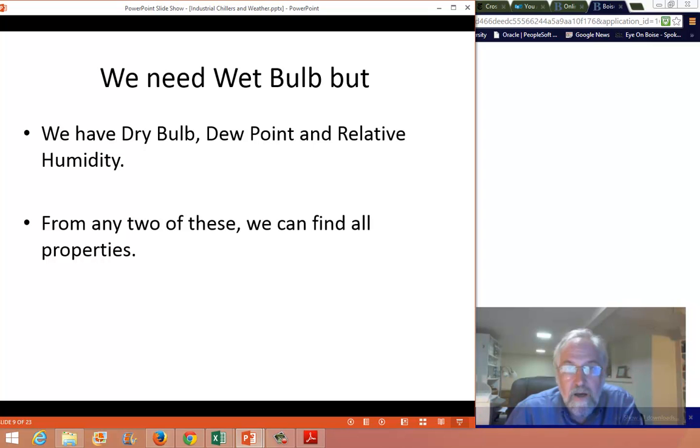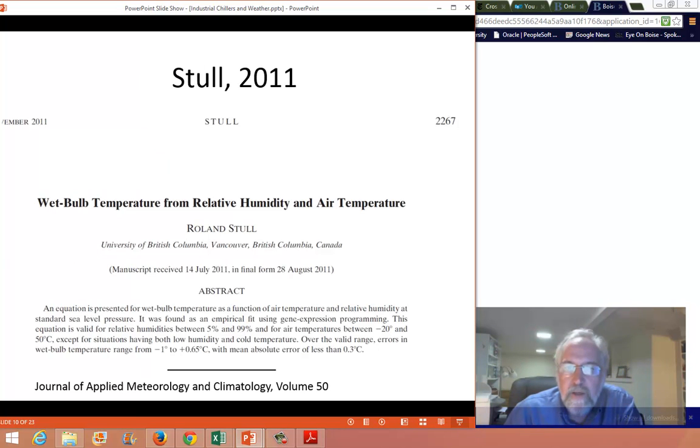However, thermodynamics tells us if we know any two states of that mixture, we can find all the other properties, so certainly with relative humidity and dry bulb, we can get dew point. We can get wet bulb, which is what we want. And indeed, we can. So here's a paper that was written in 2011 by Roland Stull in Canada, in the Journal of Applied Meteorology and Climatology.